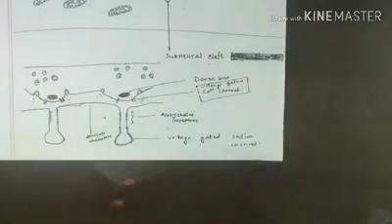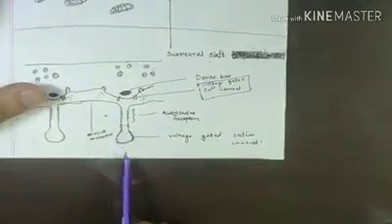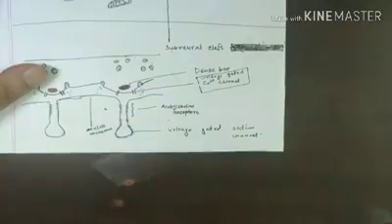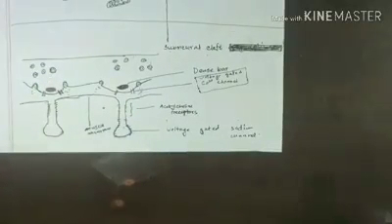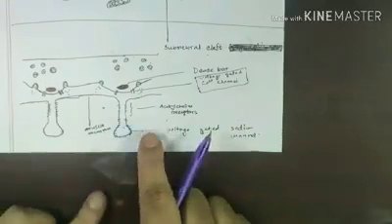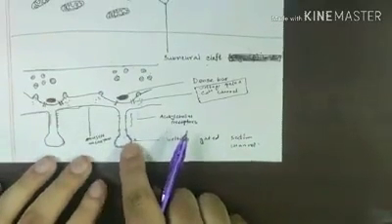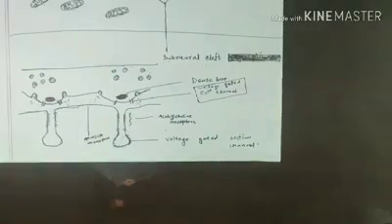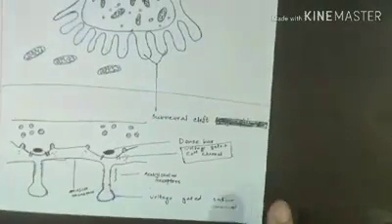And at the bottom, there are also some channels, which are called voltage gated sodium channels. I think the structure has already been done here. Next, we will talk about the transmission process in the neuromuscular junction.